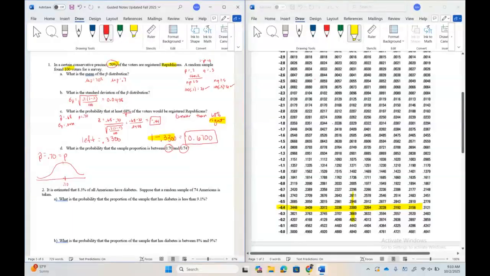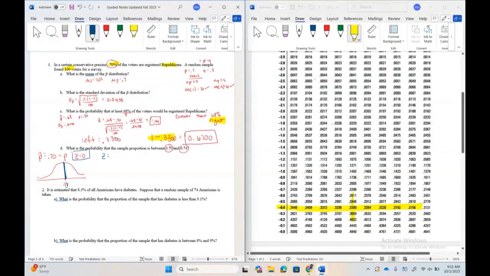So 0.70 is right here, and that corresponds to a z-score equaling 0. If you do the formula, you'll find 0, but we can just recognize those things are the same, so that z-score will be 0.